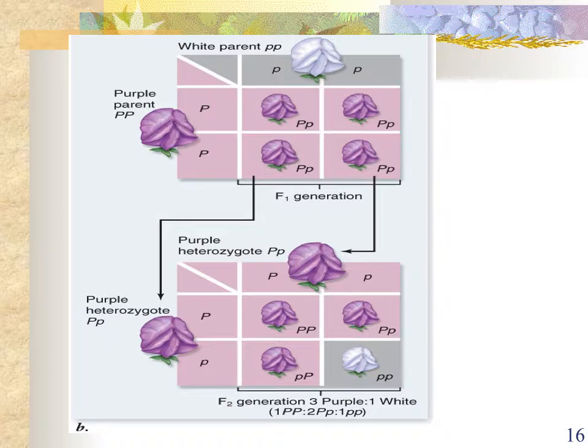And so then you carry those down and then across, and it shows that 3:1 ratio, 3 purple flowers to 1 white flower. It also shows the genotype ratio: 1 homozygous dominant purple, 2 heterozygotes, and 1 homozygous recessive.